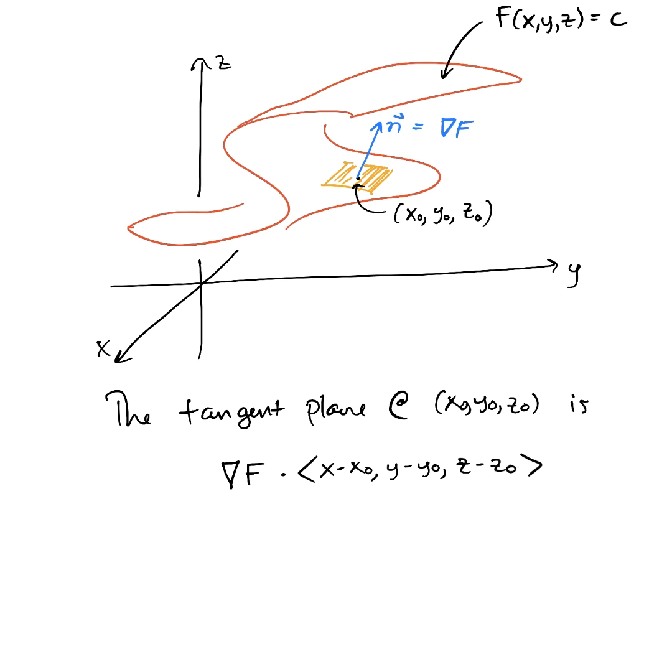Comes out how? How does the blue vector sit relative to the orange tangent plane? It's perpendicular, so the dot product is 0.